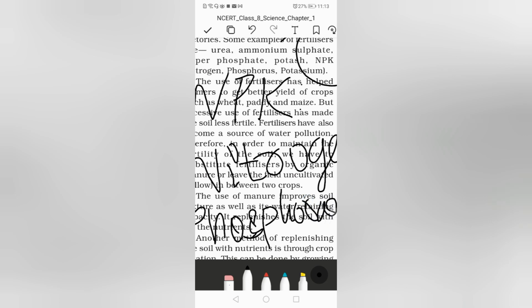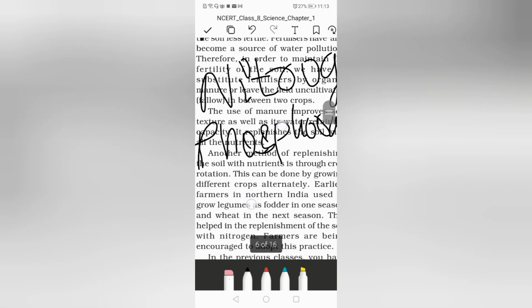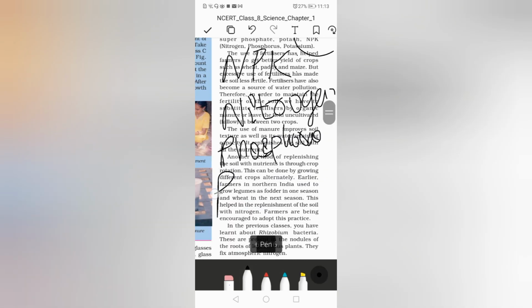And last but not least, potassium. Alright, so I hope that much is clear to you all. Potassium or potassium, whichever one you call. So that is the full form of NPK. I hope that's very clear to you.